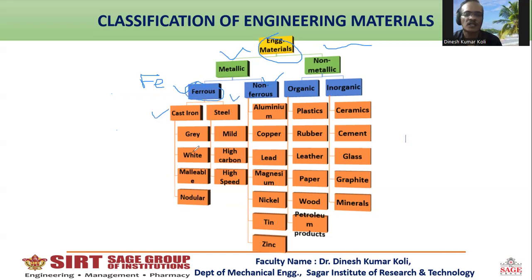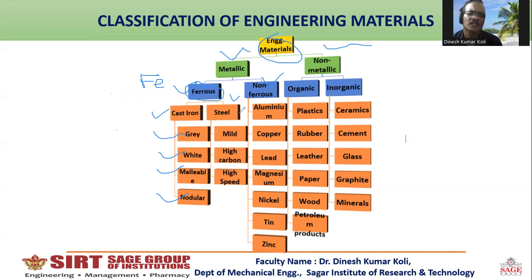Cast iron is of four types: gray cast iron, white cast iron, malleable cast iron, and nodular cast iron. These types of cast iron have different properties, and because of these properties, they are used for different purposes.